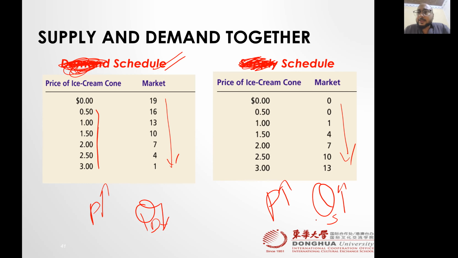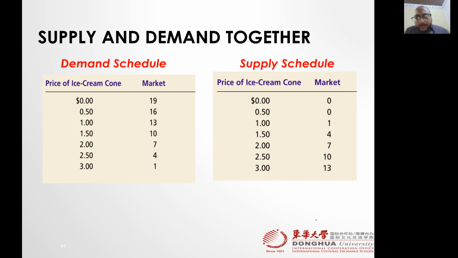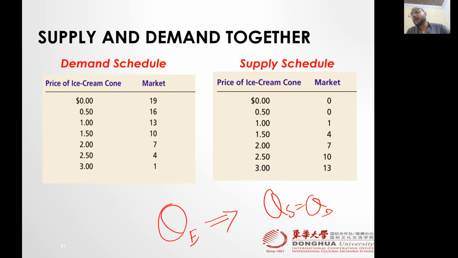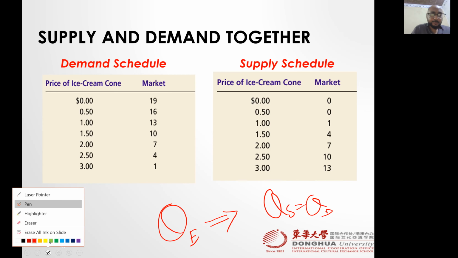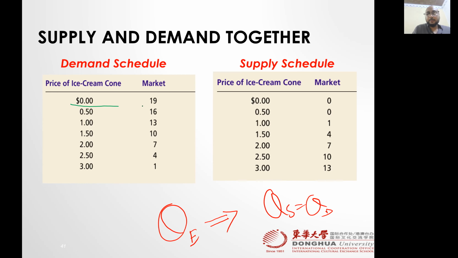So recall our discussion. We just finished the discussion of equilibrium quantity. Which one is the equilibrium quantity? That quantity on which quantity supplied is equal to quantity demanded. So if you see here, quantity demanded is 19 and quantity supplied 0.